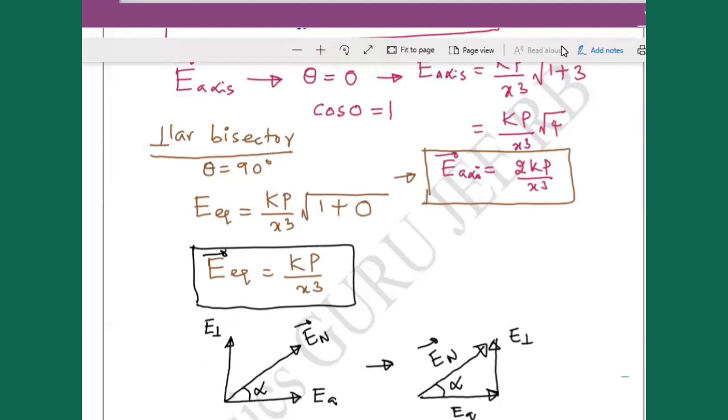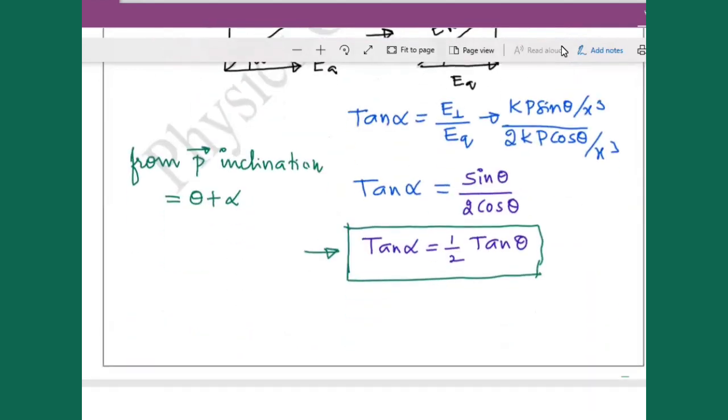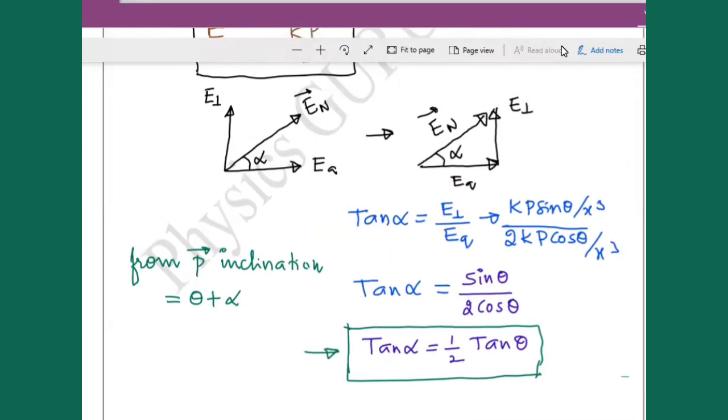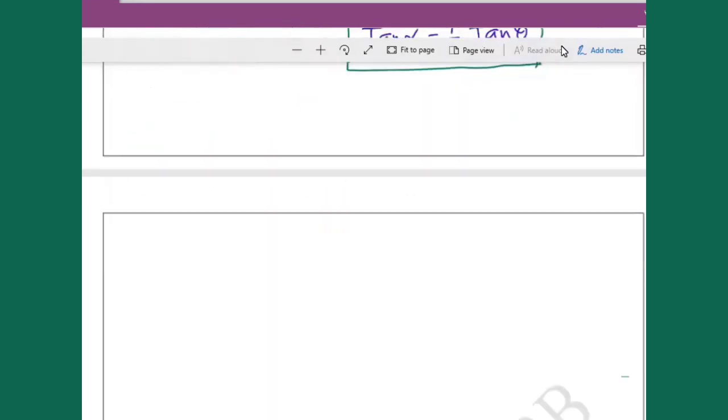Next, number five. Done, this is the last screenshot. Now we'll proceed.